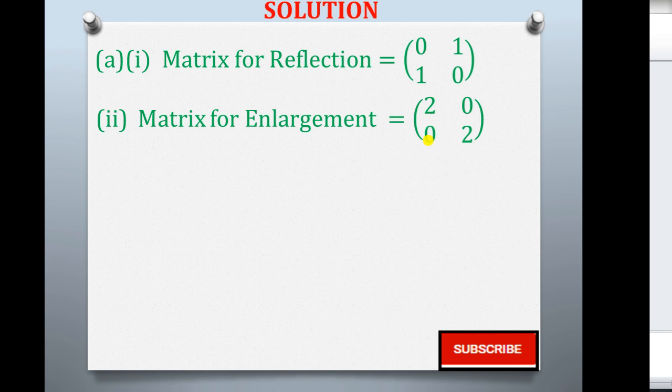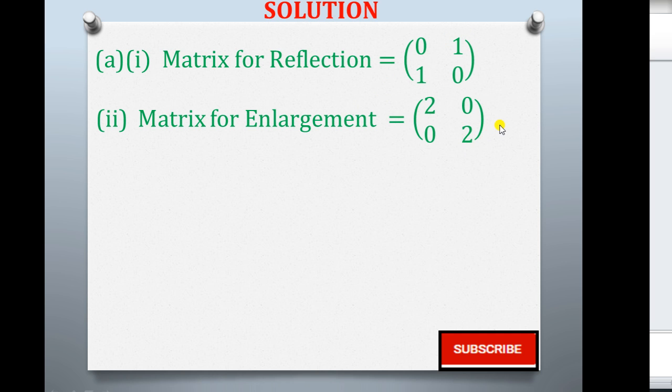In this case, specifically, it should be the origin. That is why we are saying 0, 0. These represent the coordinates of the center, and 2, 2 represents the enlargement scale factor that was mentioned in the question. Remember, they told us the enlargement scale factor was 2.